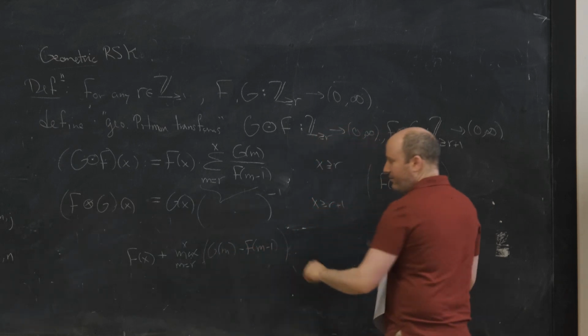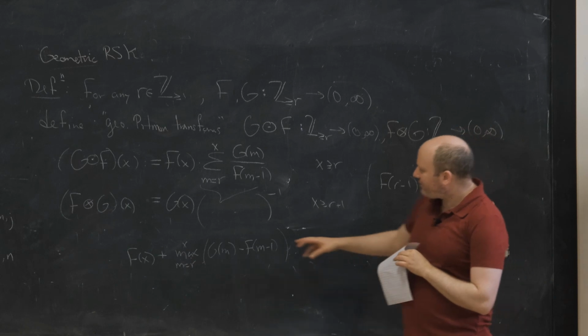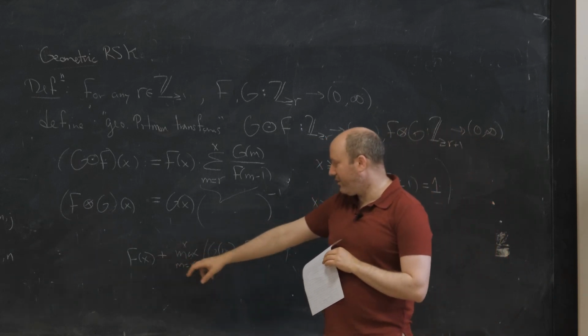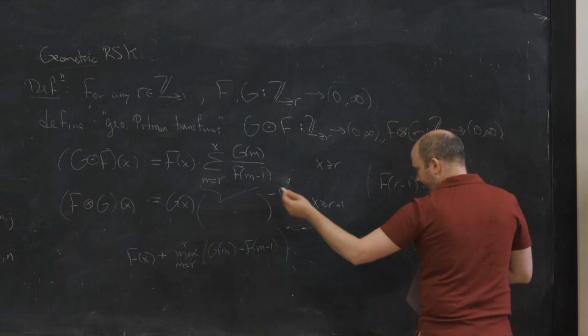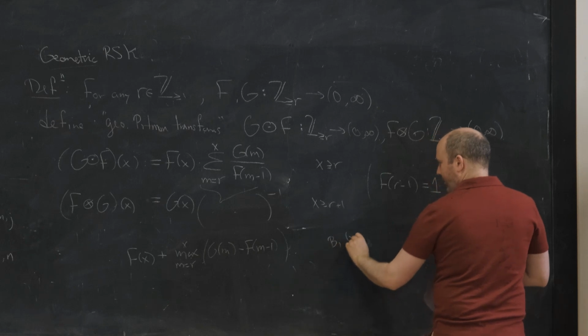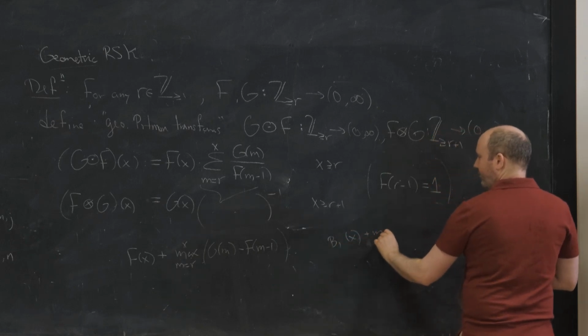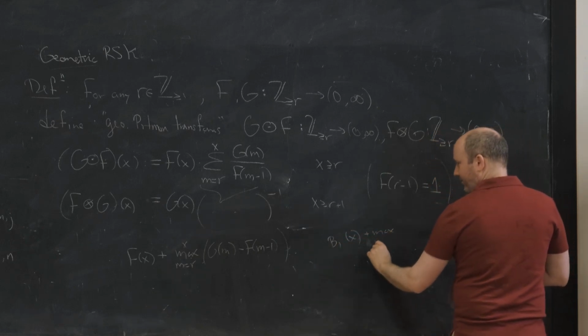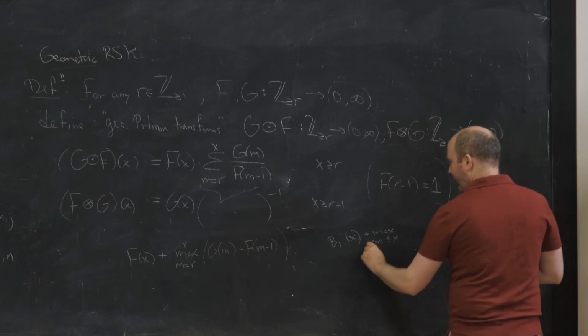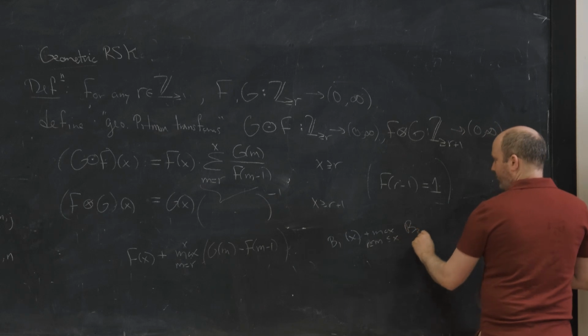So the division becomes subtraction. And if you go to a continuum version of this, where you have some processes b1 and b2, you would get something like b1 plus the max over m less than or equal to x, maybe between r, of b2 minus b1.